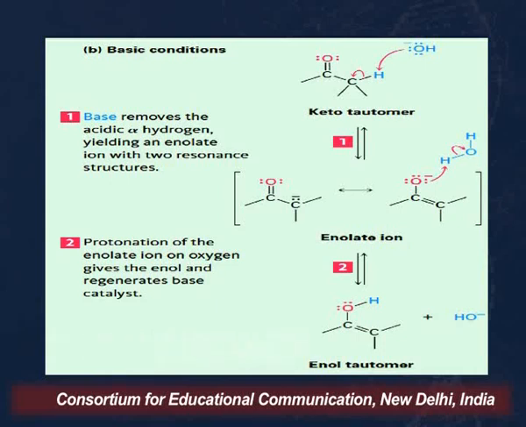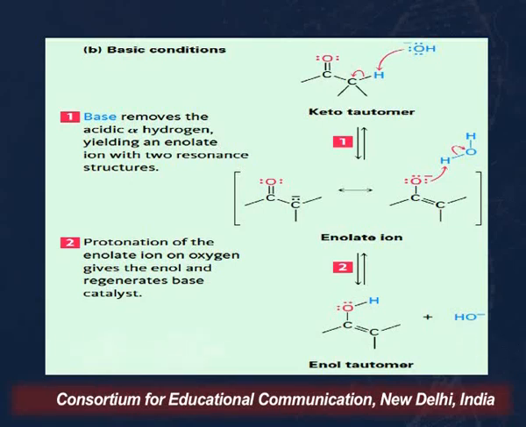As you can see, the negative charge on carbon results in a double bond formation between the alpha carbon and the carbonyl carbon. And the oxygen pulls the electrons towards itself and it has a negative charge.